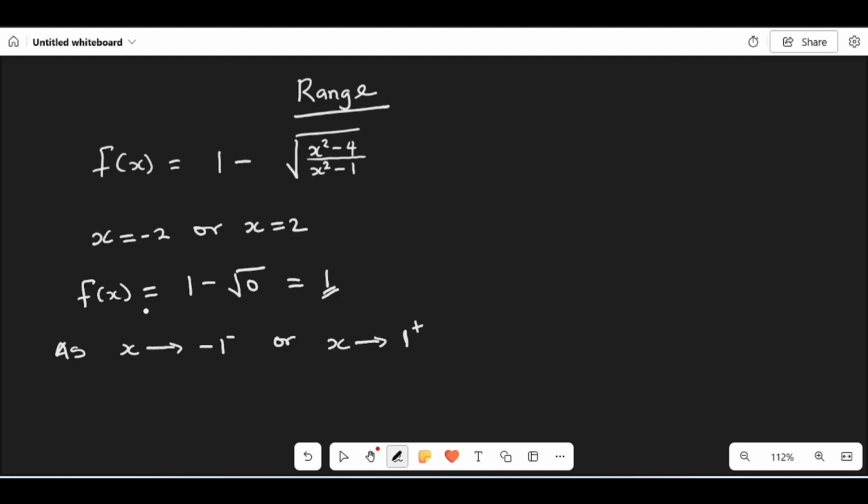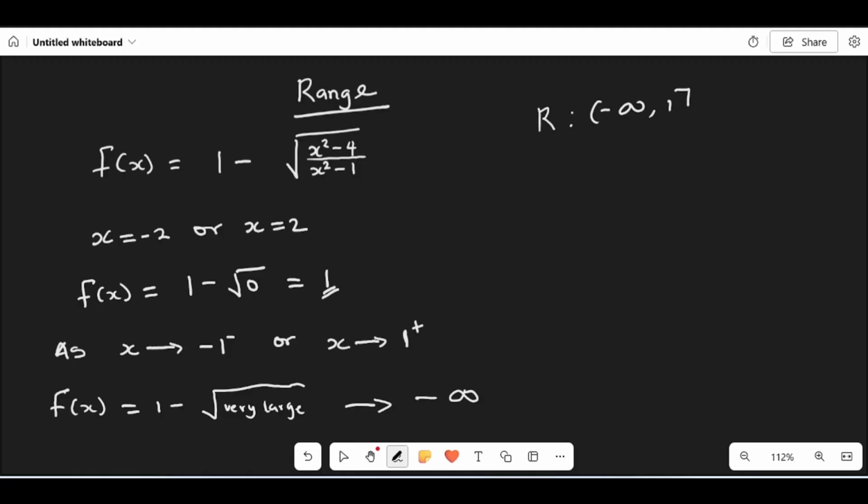So our function will be equal to 1 minus root of a very large number. So the whole function will tend to negative infinity. So the function decreases without bound, and our range will now be negative infinity to 1, square bracket.